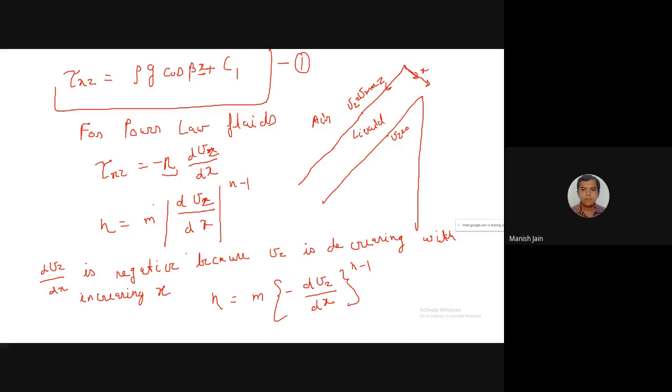So in liquid you have the viscosity eta at this point, so this eta should be equal to the viscosity of air. Okay, so because at this point dvz by dx should be equal, and these two values are equal at this point. So these two viscosities should be, because shear stress values are very less in the air. So this viscosity term should be very low.